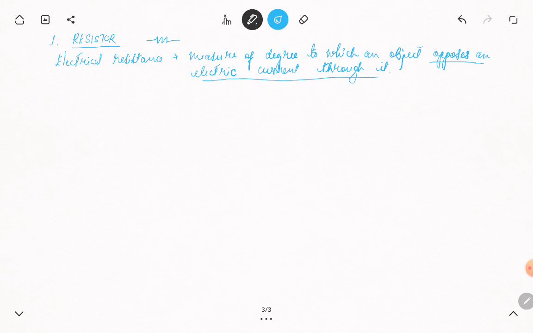The SI unit of electrical resistance is of course the ohm.